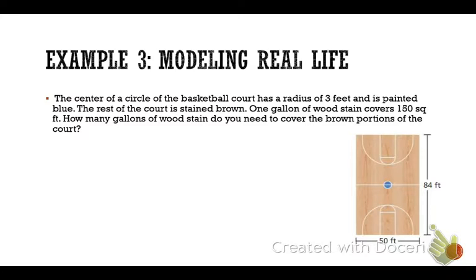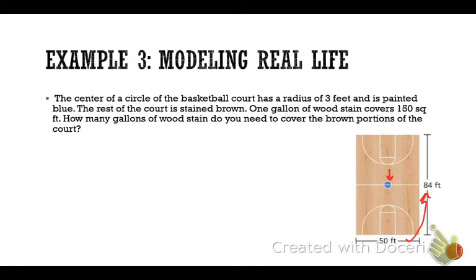So how many gallons do you need to cover the brown portions of the court? Now, we're going to kind of go against common sense here because look how tiny that little blue circle is. If I'm calculating this, I'm just going to calculate the area of the court, and then whatever the blue area is, I'm just going to say that that's my extra. I'm not going to worry about it.